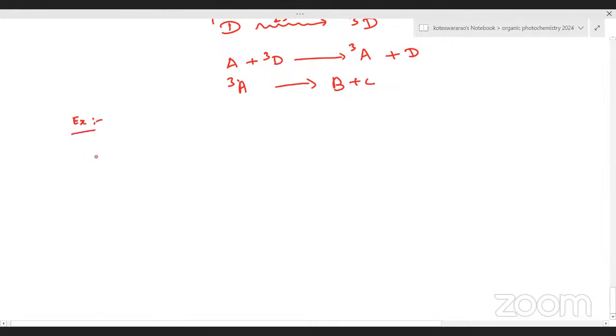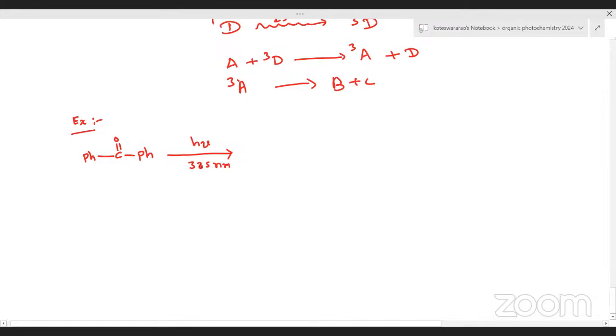Next, when we come to one example, take benzophenone. Benzophenone is an example of a ketone, carbonyl compound, or aromatic ketone. Now, it is irradiated with light at a specified frequency.